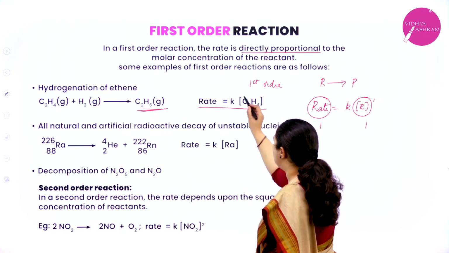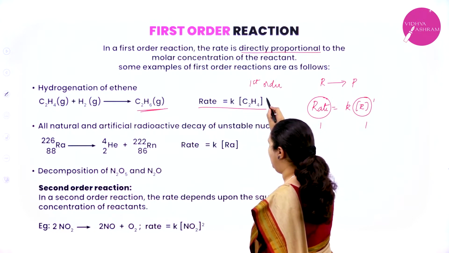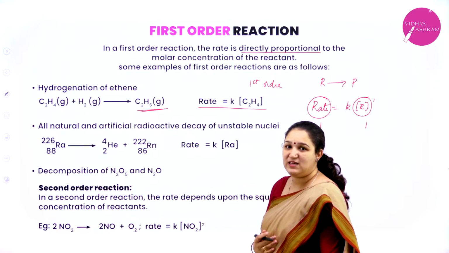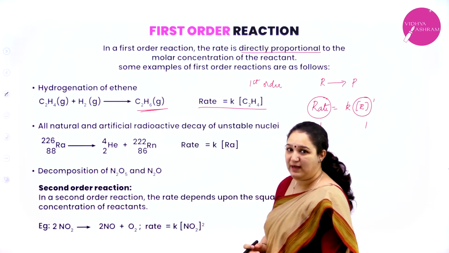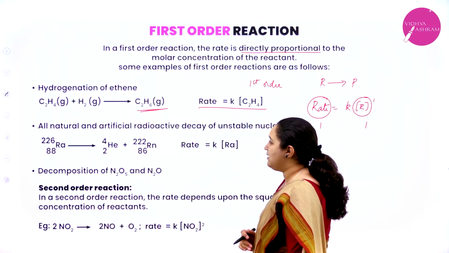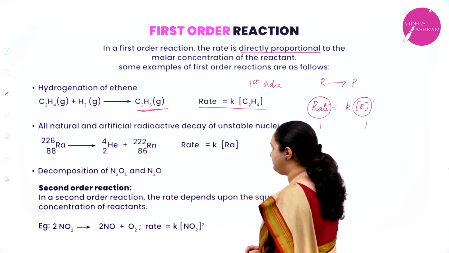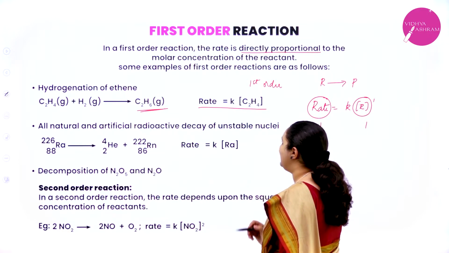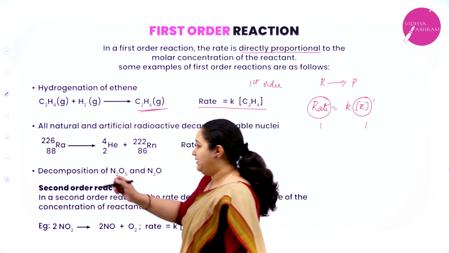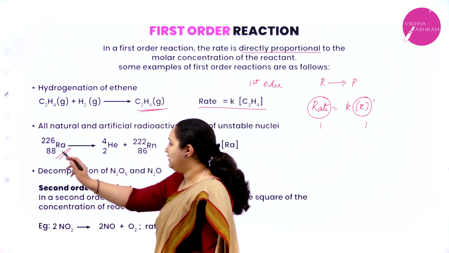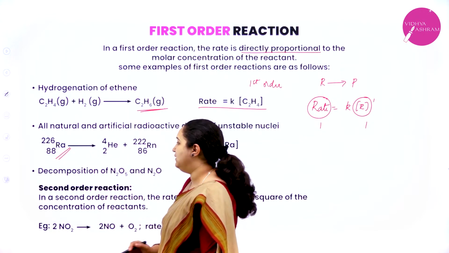So if I increase the concentration of ethene, the rate also will increase by an equal number of times. Okay. The next example which you have to know is all natural and artificial radioactive decay of unstable nuclei. For example, we have radium, 88 is its atomic number, 226 is its mass number.